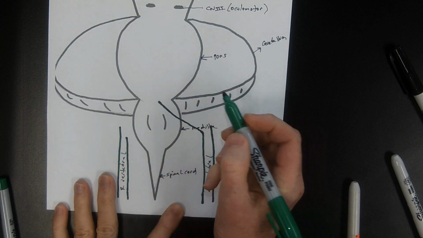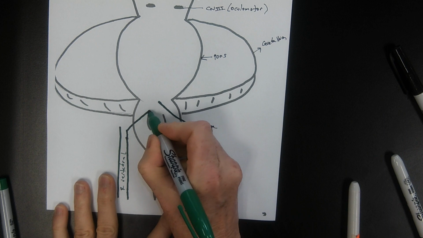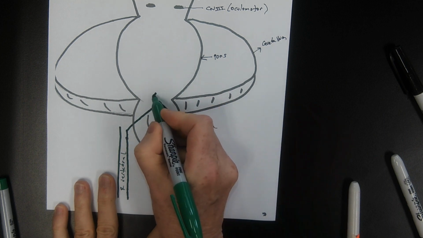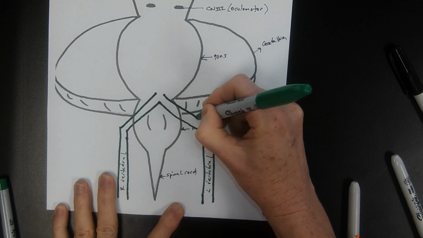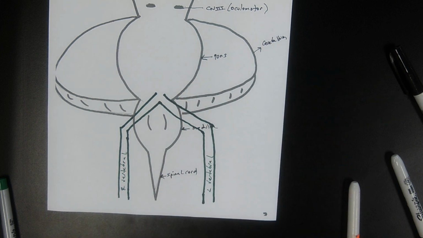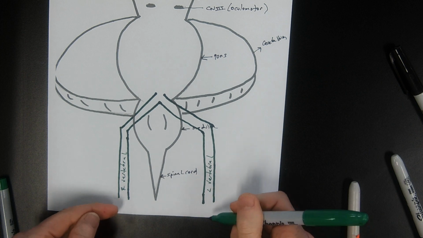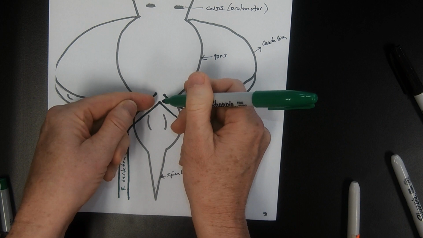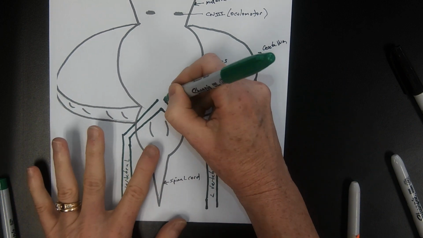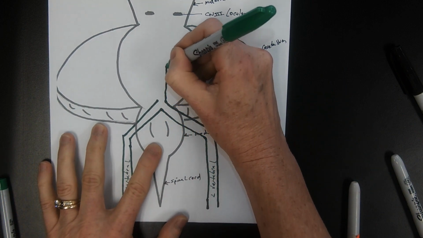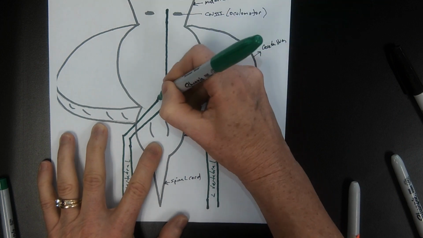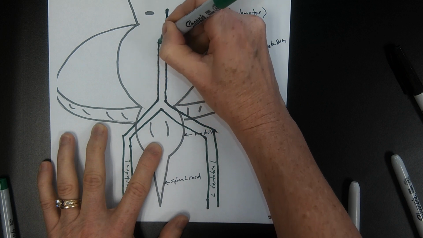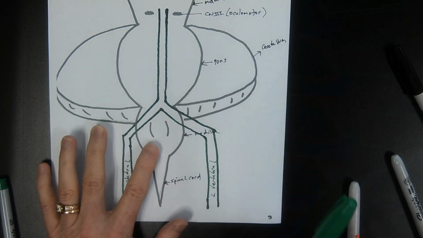It's the point where the pons and the medulla meet. Okay, so left and right vertebral come up at about the level of the pontomedullary junction. They form one main artery, and that main artery goes straight on up to just above the level of the third cranial nerve. Just above.